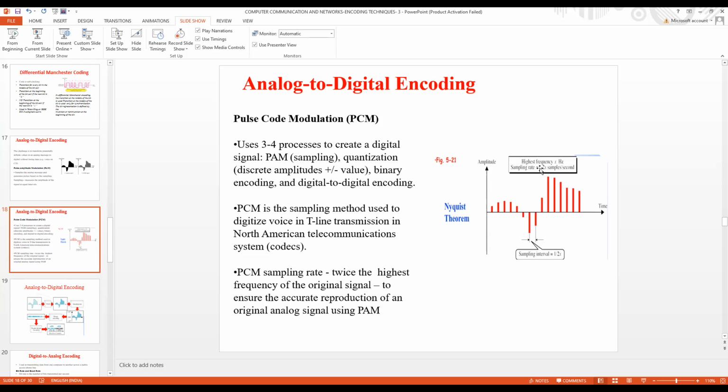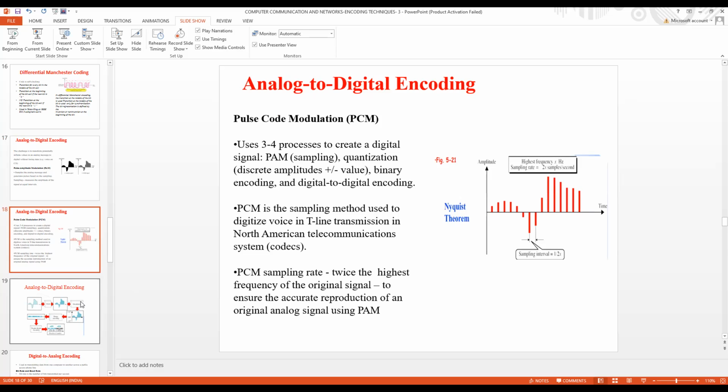It is twice the highest frequency of the original signal, to ensure accurate reproduction of the original signal using PAM, pulse amplitude modulation. So the Nyquist theorem determines the sampling rate, which is 2x, where x represents the highest frequency.